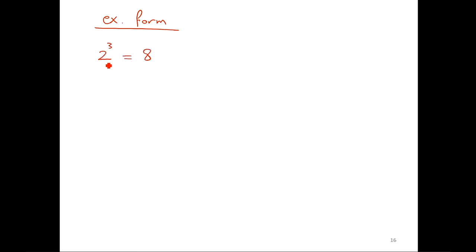If we need to convert this to logarithmic form, this equals logarithm 8, this is the argument, to base 2, which is the base, equals what? 3. So the value of the logarithm is the exponent, this is the exponent 3.